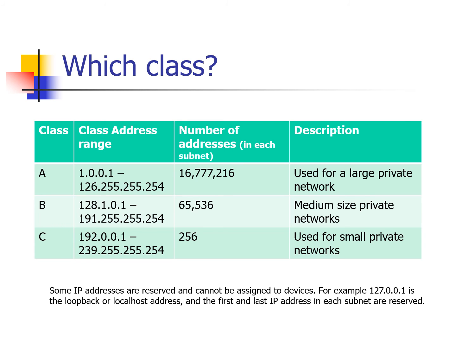So remember, those are the different ranges for class A, B, and C, and this handy table tells you how many different devices you could potentially have on each class.